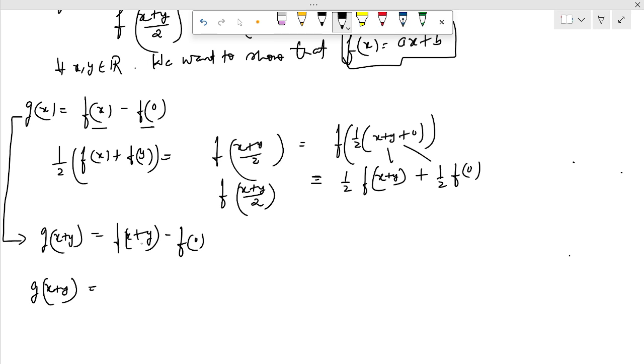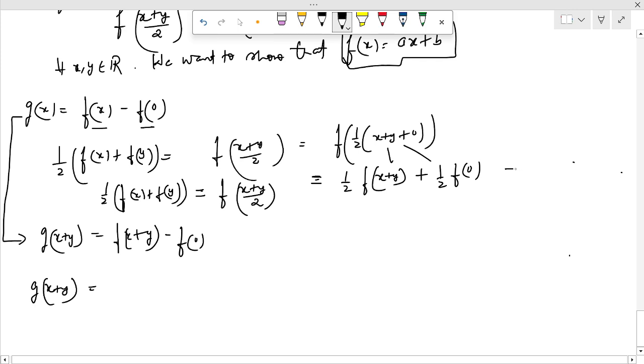It is equal to, according to the given question, half of f(x) plus f(y). So from this equation, let's call it equation number 1, it is clear that f of (x plus y) is nothing but f(x) plus f(y) minus f(0).